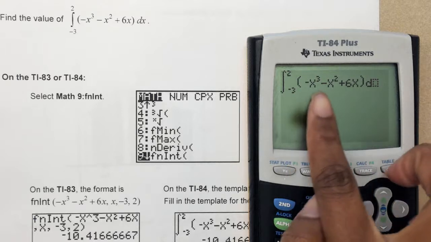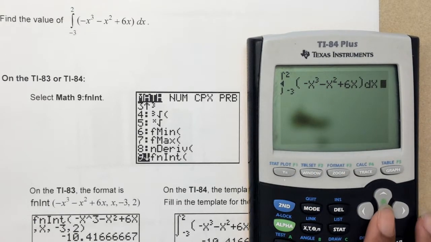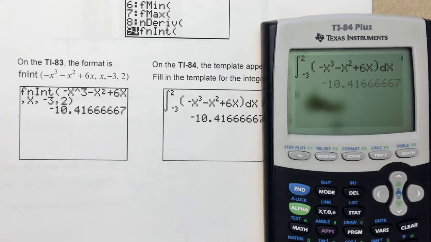And all of our variables are in terms of x, so we want dx. And when we press enter, we should get negative 10.41666 repeated. So this is how you would find the definite integral on a calculator.